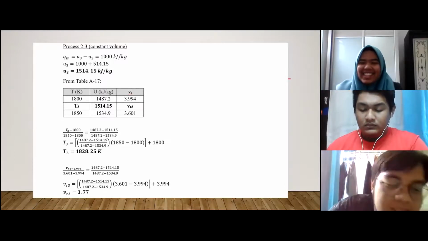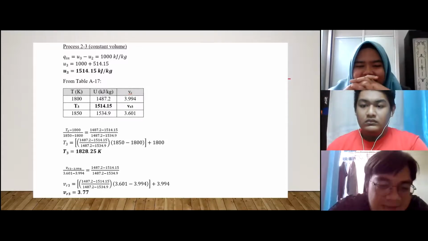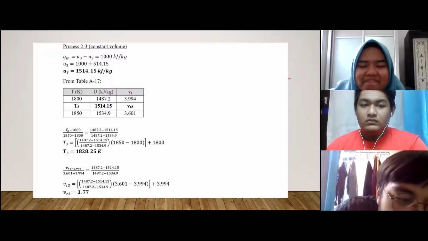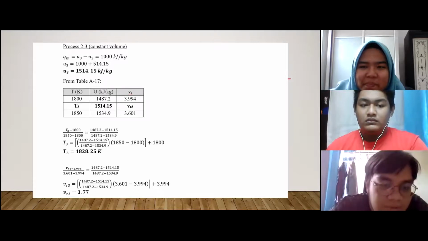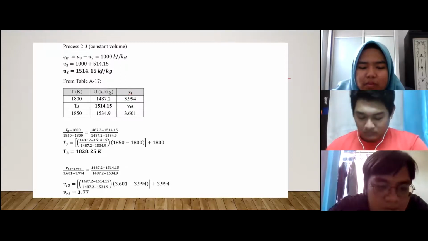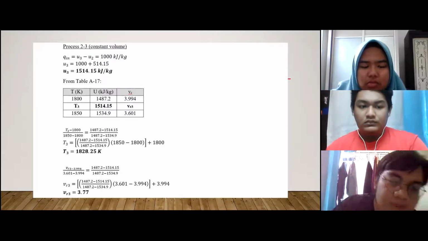From that value we calculate the temperature, and we get T3 equals 1828.25 Kelvin. Next we need to find VR3 also. We just key in the value into this formula and we get 3.77.